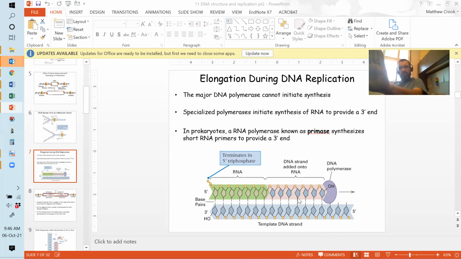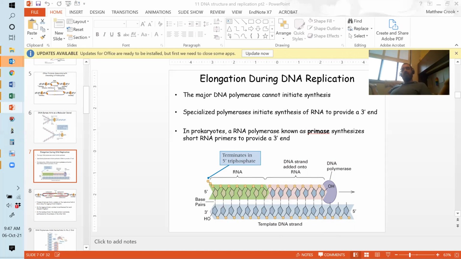And so if you hold your hand up like that and cover up the DNA part of that image, that is what is synthesized by the primase, or in eukaryotes, I think it's DNA polymerase delta. As soon as that's there, problem solved, right?